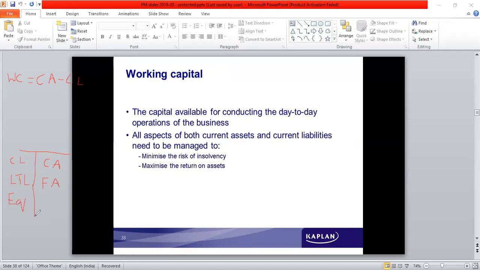On account of a non availability of funds, if payments are not made, that affects the business in terms of its reputation. If they are unable to meet their payments on due date, the reputation gets affected. External stakeholders will not be willing to transact with the business in future. So that is again another danger.